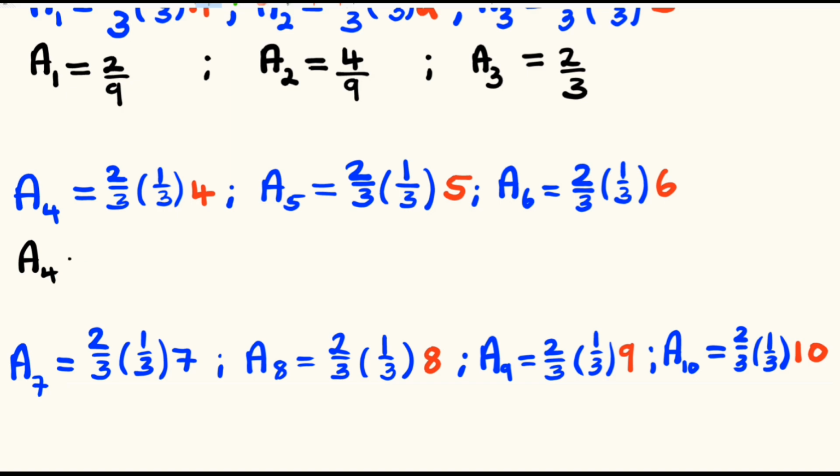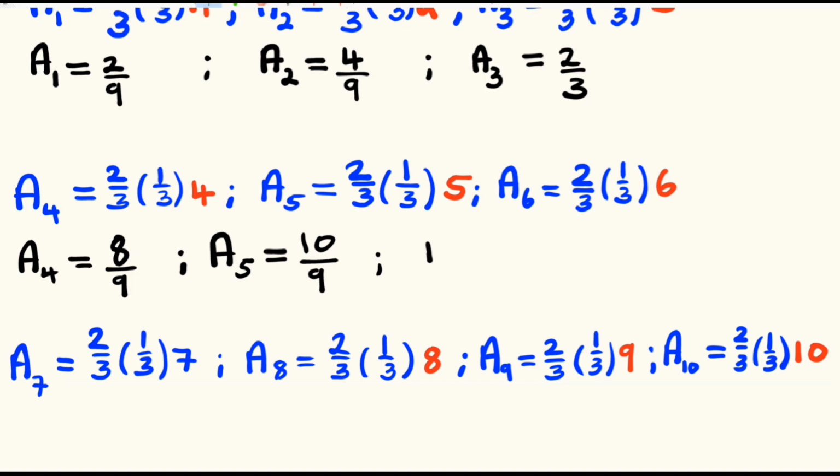And for area number 4, in the numerator, 2 multiplied by 1 multiplied by 4 will be equals to 8. And in the denominator, 3 multiplied by 3 is equals to 9. Or you can just use your calculator. Area number 5 will be equals to 2 multiplied by 1 multiplied by 5 is equals to 10 in the numerator and in the denominator, 3 by 3 is equals to 9.